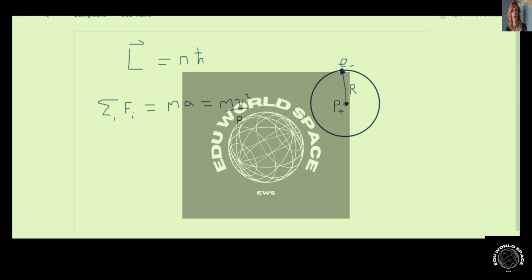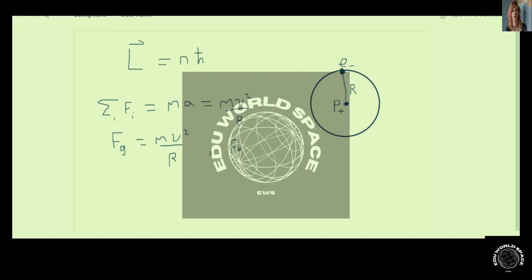And what are the forces acting on the system? We said in the very beginning that we will consider only the gravitational force. So let us see how this works. The sum of the forces will be reduced only to the gravitational force, and this is equal to mv squared over r still. What is the gravitational force? We know the expression for the gravitational force.